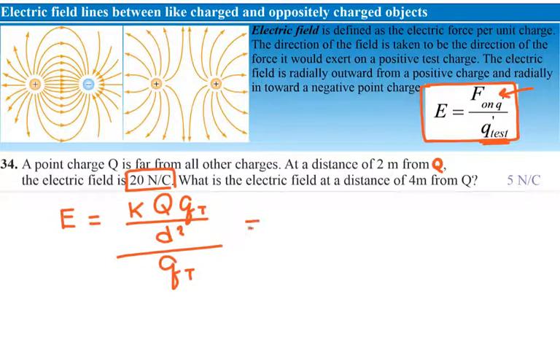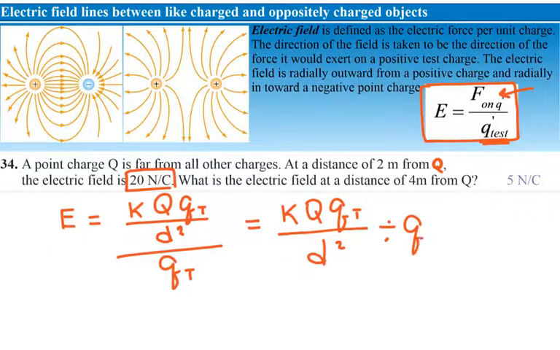It looks like I can divide it, so I have a fraction, and I'm going to rewrite it for you. I have KQ q_T divided by D squared, and then I divide by q_T.